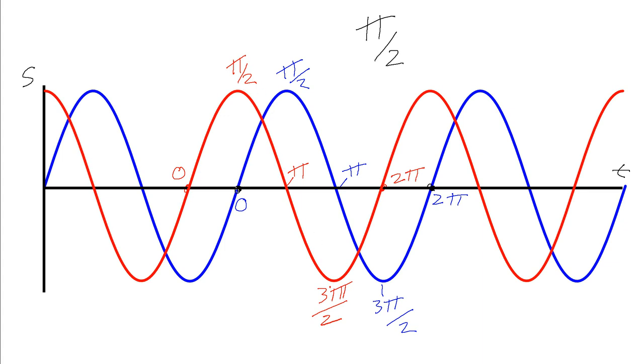So at any point the red wave is to the left of the blue wave by pi/2. So if these waves were travelling to the left, then the red wave would be said to be leading the blue wave by pi/2. If these waves were travelling to the right, then the red wave would be said to be trailing the blue wave by pi/2 radians of phase.